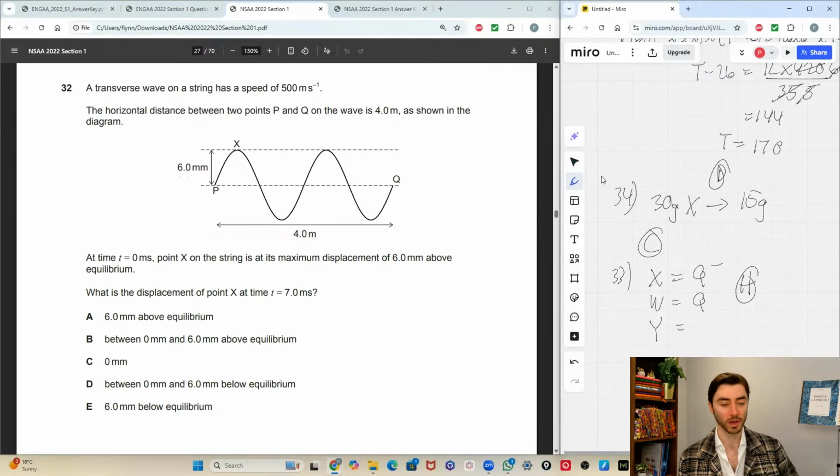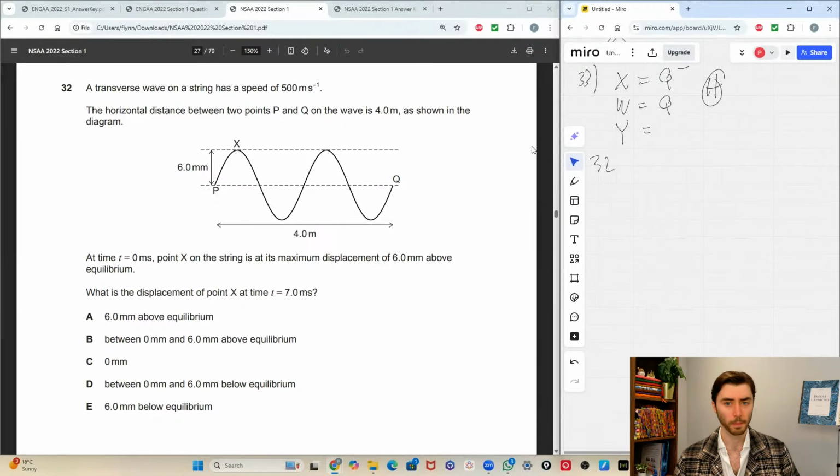Okay, this one I also went through this morning, but not from this paper. So they're clearly stealing from this paper a lot when they did the mock. So the point here is on 32, that's the speed. That's twice the wavelength. So the wavelength is equal to 2.